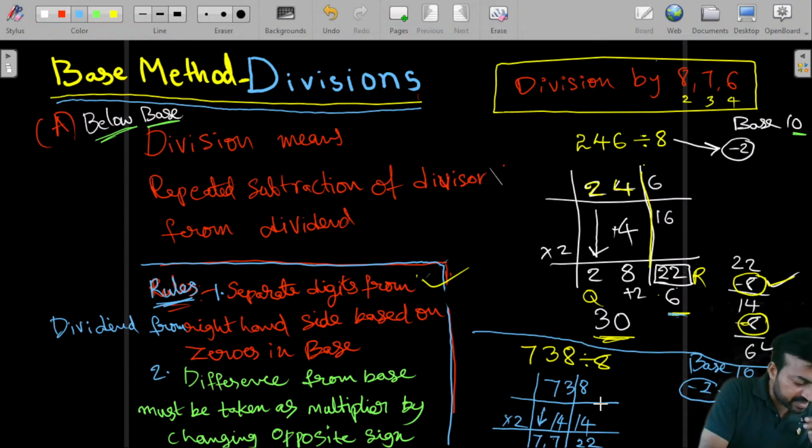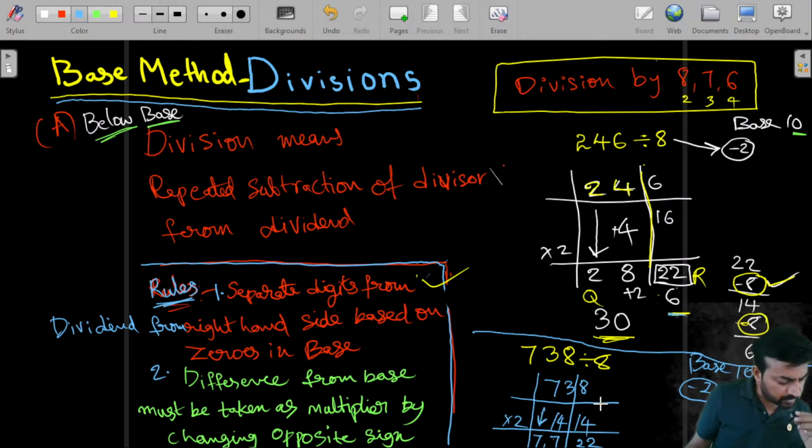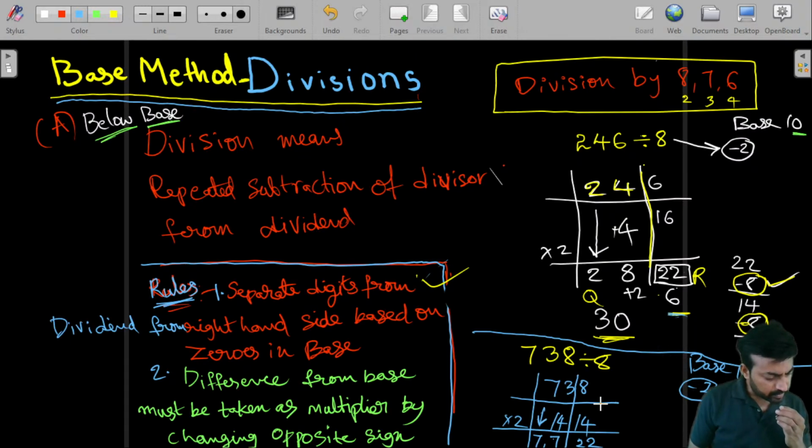Quotient is correct, remainder is 6. Good. Yes, Rajit. Is it Babu, meaning Rajit or Satvik? I forgot. Okay, Sai Babu. Good. Yes, Rohit, you're right now.